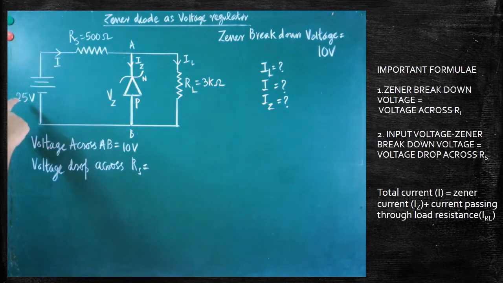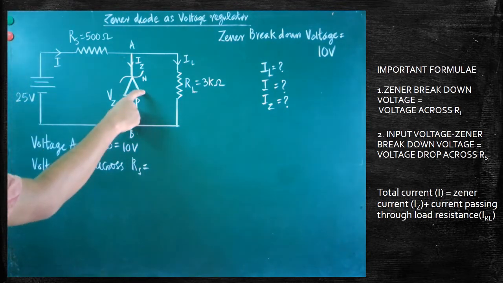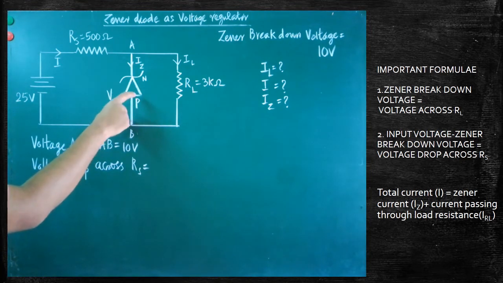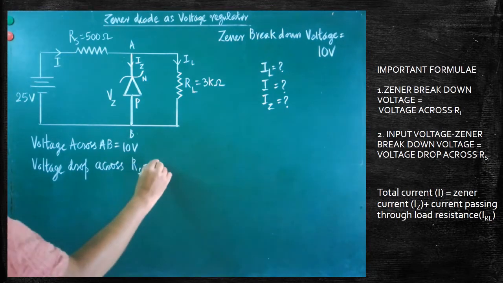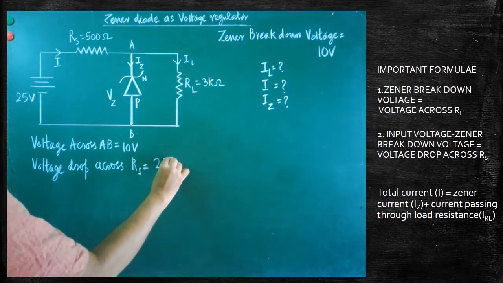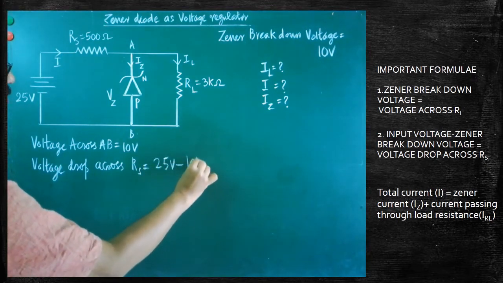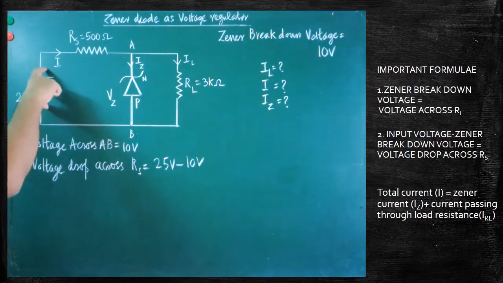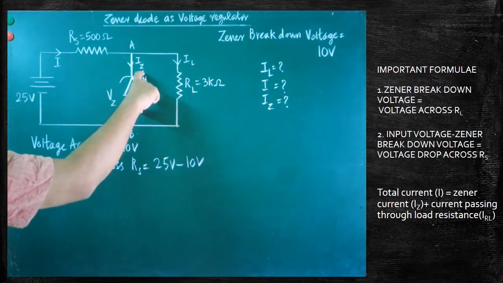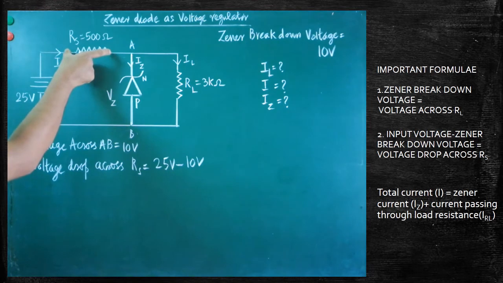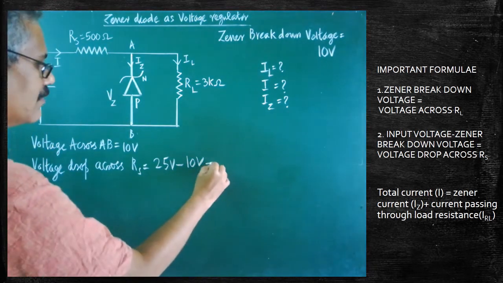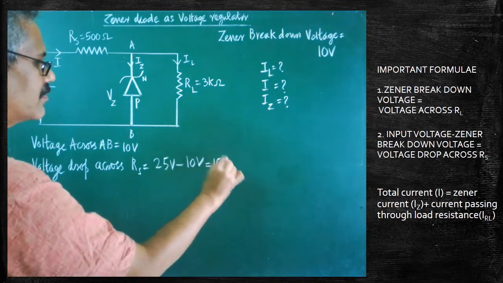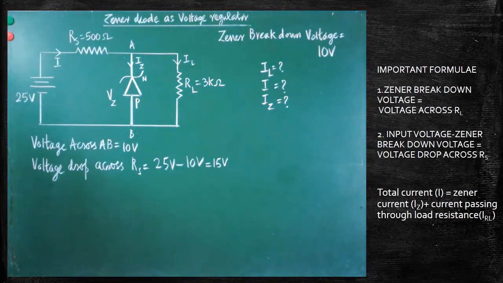Therefore 25 volt minus 10 volt should be calculated. That much voltage drop will occur here across RS. So 25 volt minus 10 volt must be substituted. That much voltage drop can be measured across RS. So the value of the voltage drop is 15 volt. So step by step the problem is to be done.